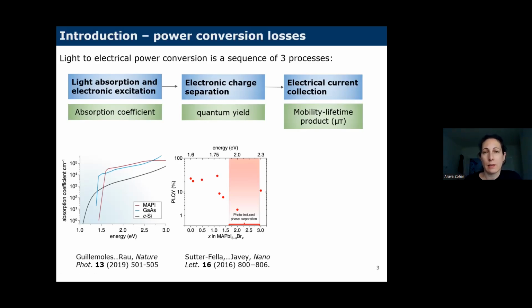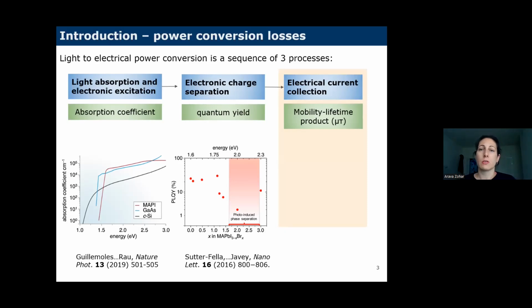And this is basically the thermodynamic limit for those materials, and it's almost as good as it gets. So we're not expecting that we have charge separation issues in our device later, but those are only measured on films.